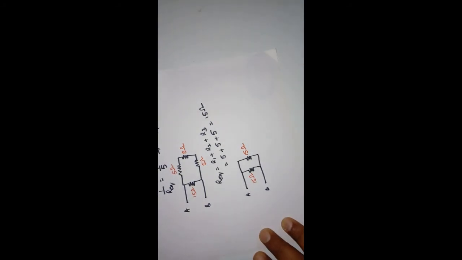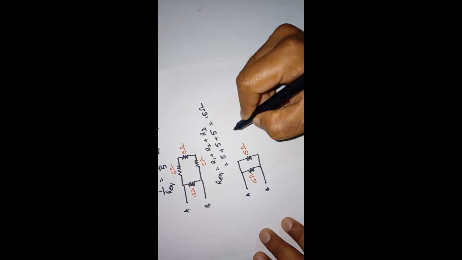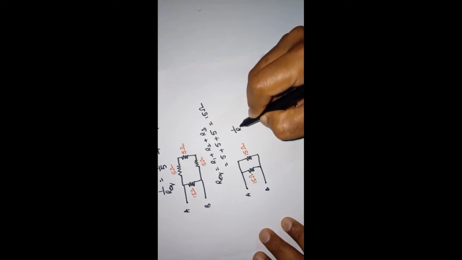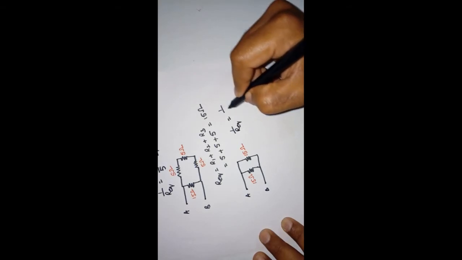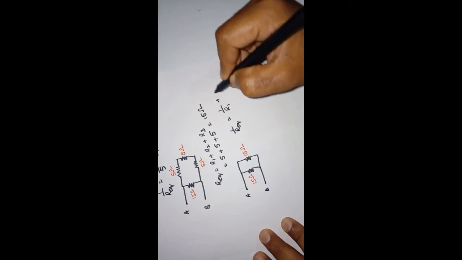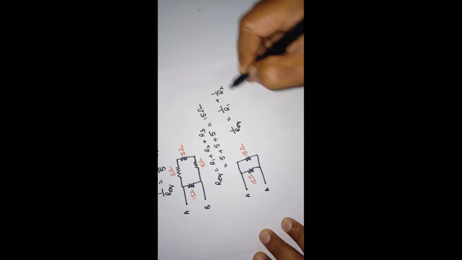And now if you observe carefully, these two resistances are in parallel connection. We know the formula for a parallel connection: 1 by R equivalent is equal to 1 by R1 plus 1 by R2.